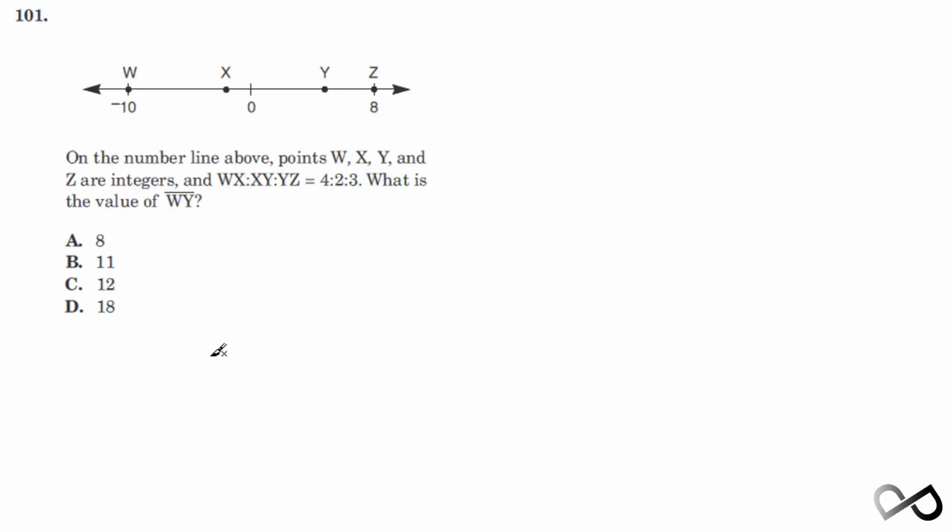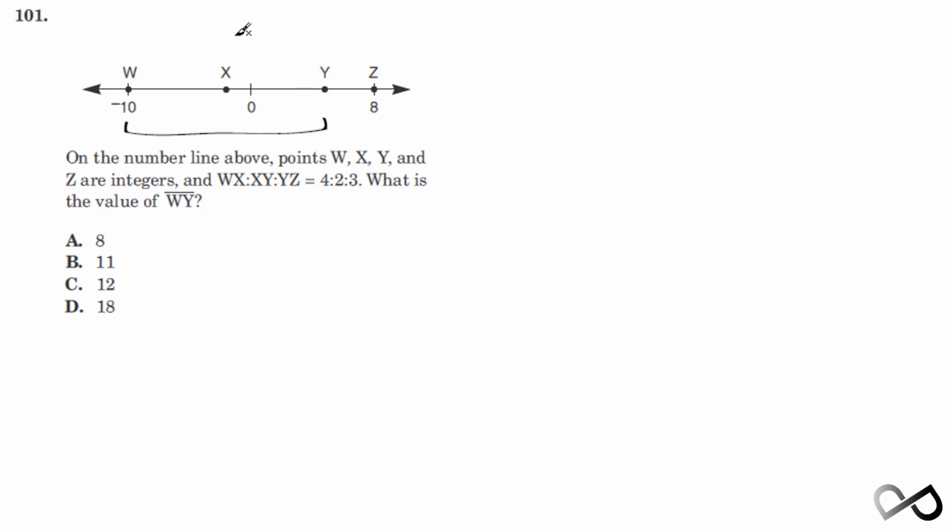Number 101. On the number line above, points w, x, y, and z are integers, and wx to xy to yz equals 4 to 2 to 3. What is the value of wy? So we are looking for this length right here, from w to y.